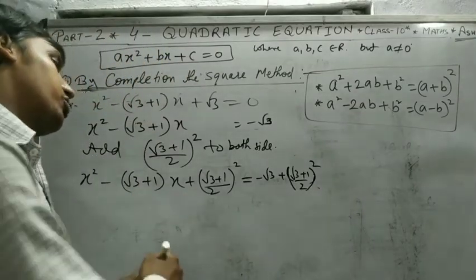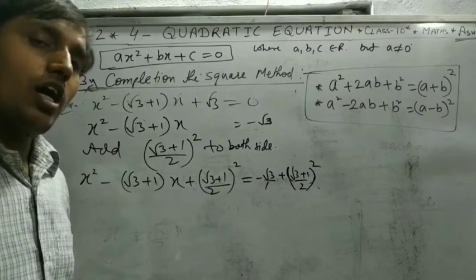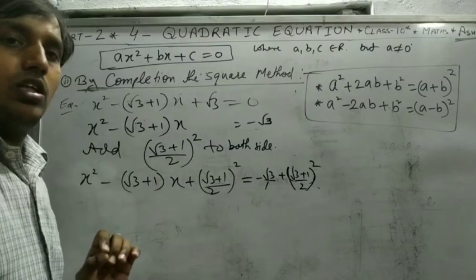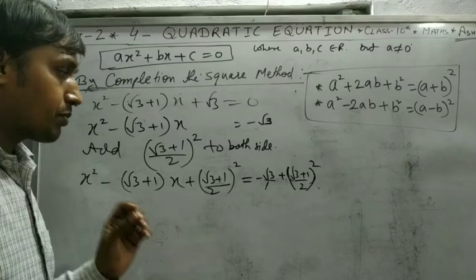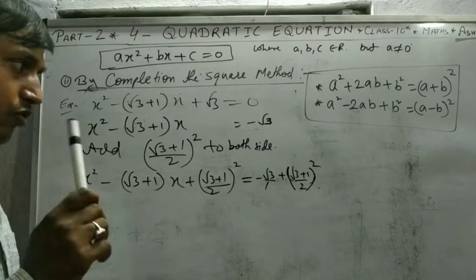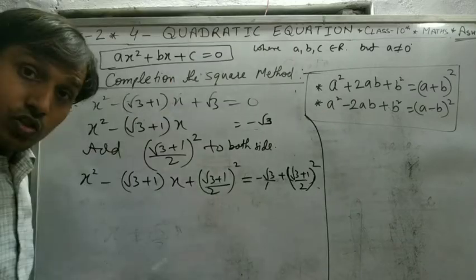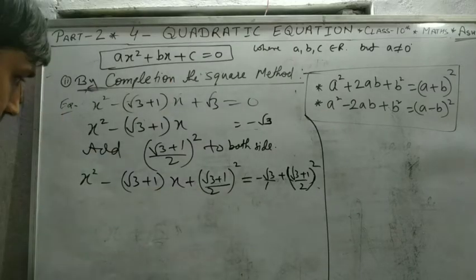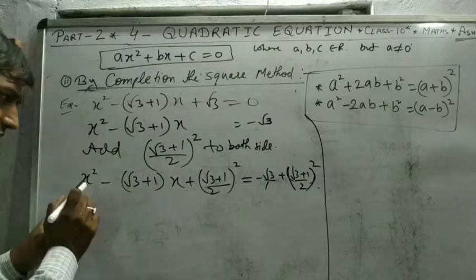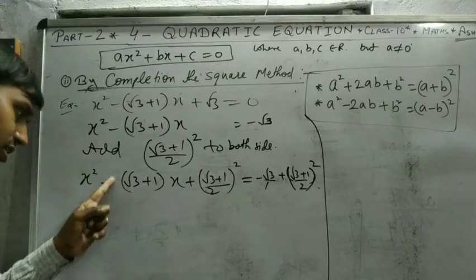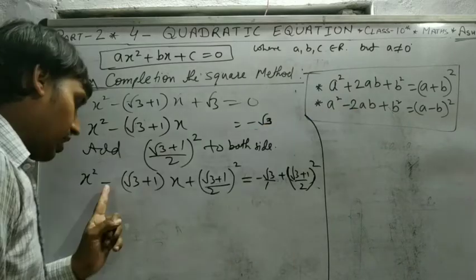Why did we take this question? It's a very unique question for solving. I am explaining one thing about this question. You have to understand how we solve it. Let's take the basic identity: a square plus b square minus 2ab. If you see a minus sign here, it is minus 2ab; with a plus sign, it is plus 2ab.